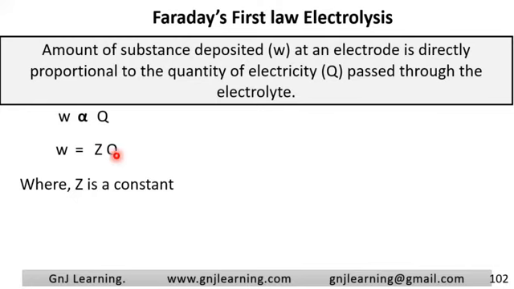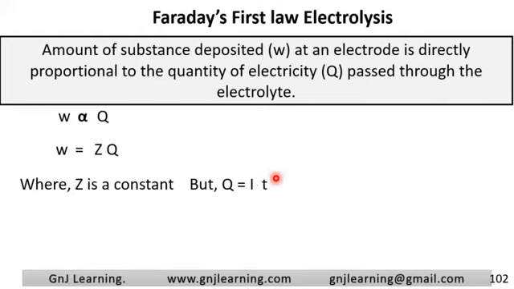And we know that Q, charge, is obtained by multiplying the amount of current passing through the conductor and the time, I current into time. Current, its unit is ampere, and time, its unit is second.